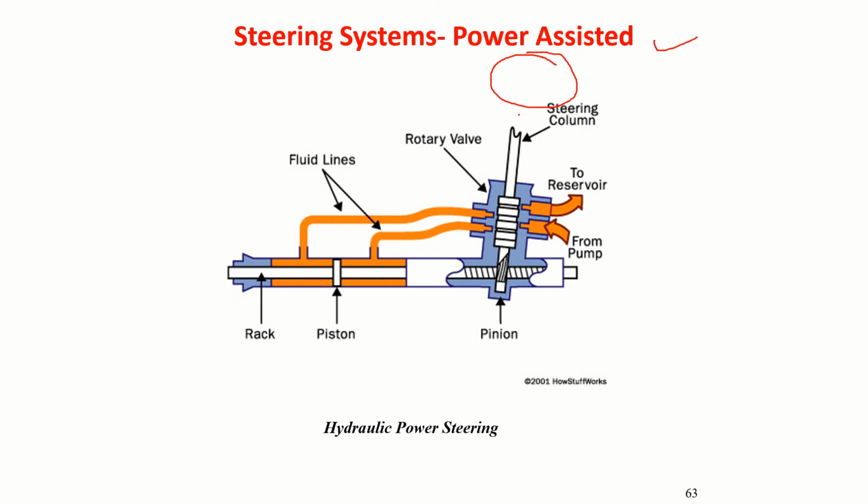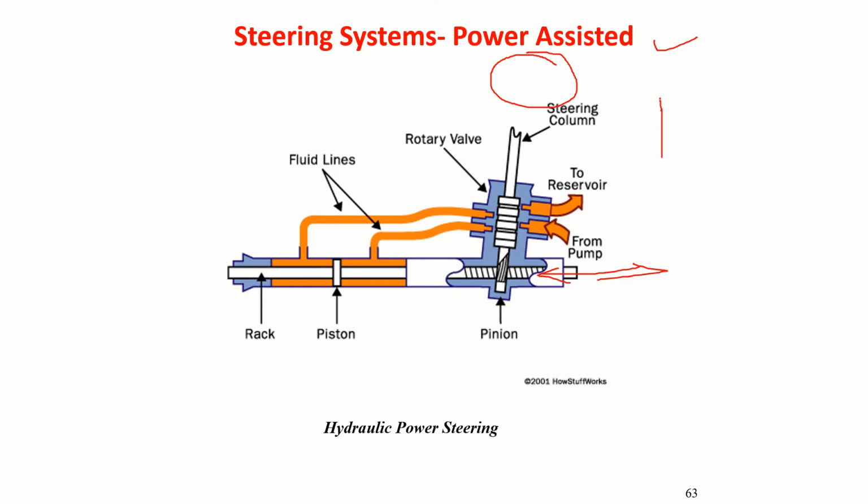So here you have the steering wheel, then the steering column. You can see here the pinion and the rack. Can we use some external power to make this rack move left or right? So what can we do here?